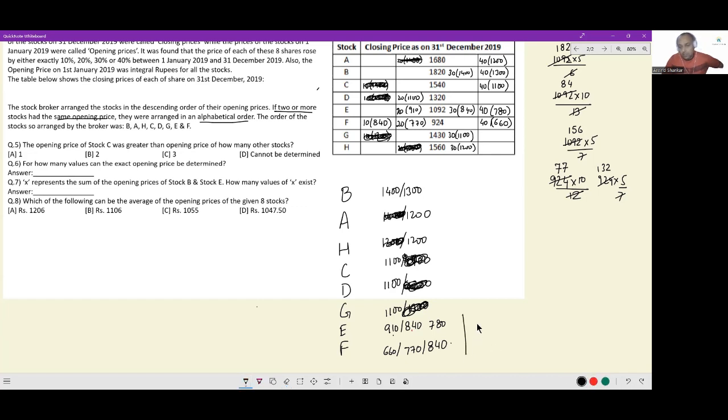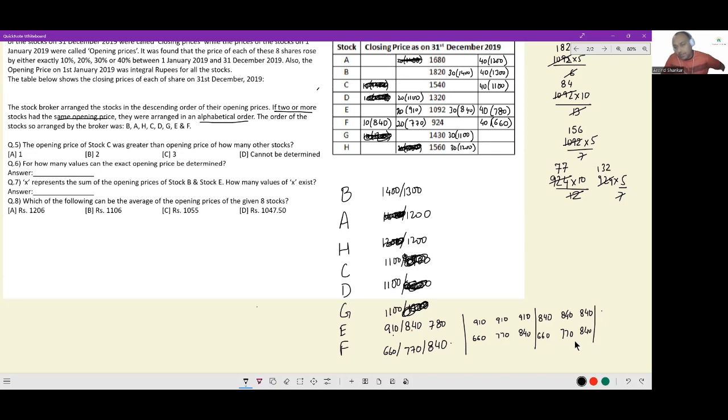E and F, the possible cases are 910, 660, 910, 770, and 910, 840. All are possible. 840 and 660, 840 and 770, and also 840 and 840.